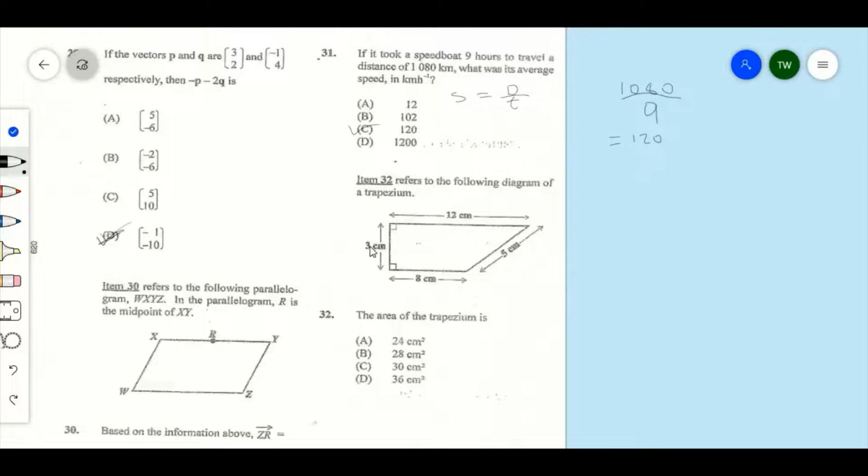Now, item 32 refers to the following diagram of a trapezium. And here we have the trapezium, and the area of the trapezium is going to be A equals 1/2 of (a plus b) times h.